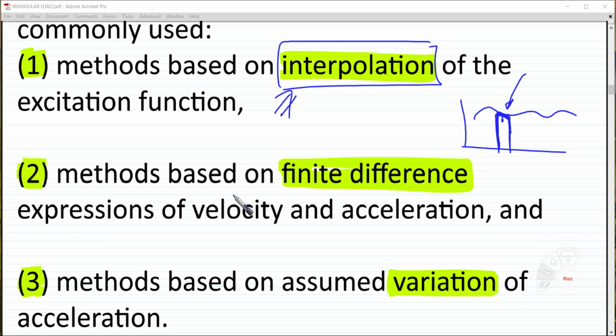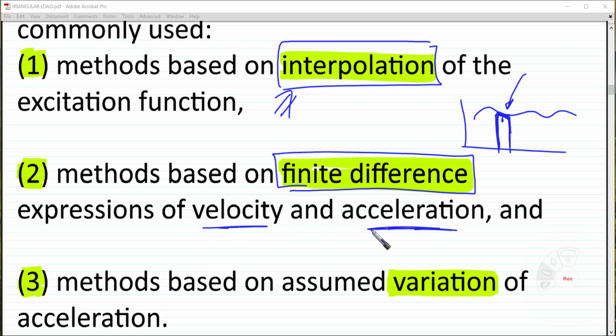Another method is based on finite difference expressions of velocity and acceleration. And the third category is related to methods based on assumed variation of acceleration.